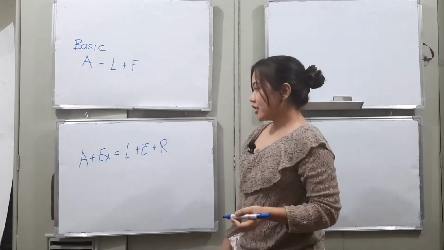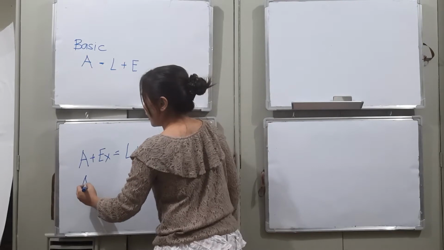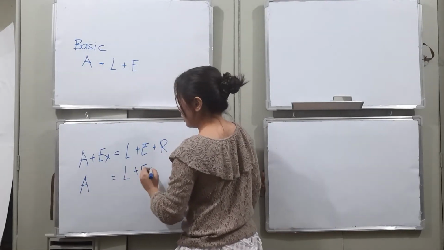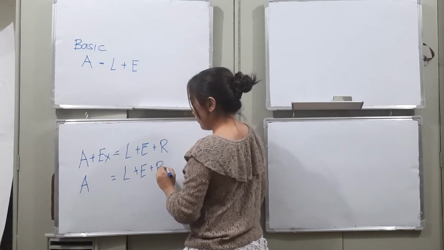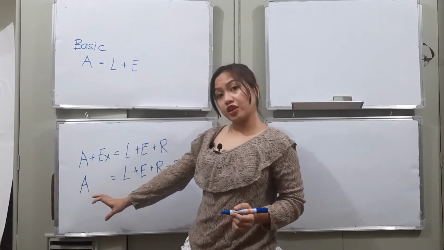If you have seen a different formula in the book, that is assets equals liabilities plus equity plus revenue minus expense. So this is the formula that you have seen in your book.